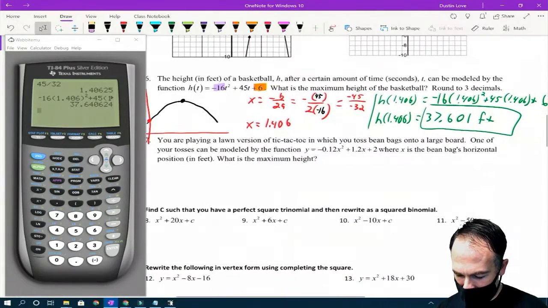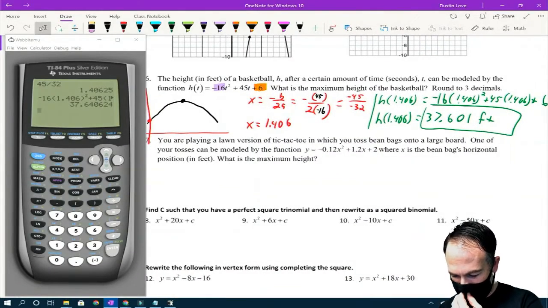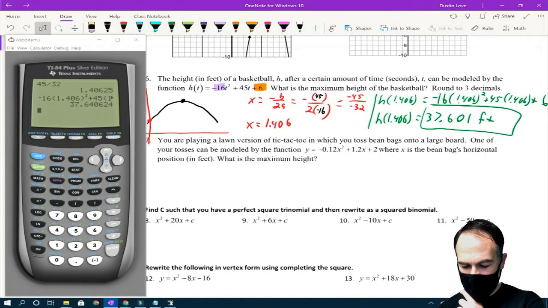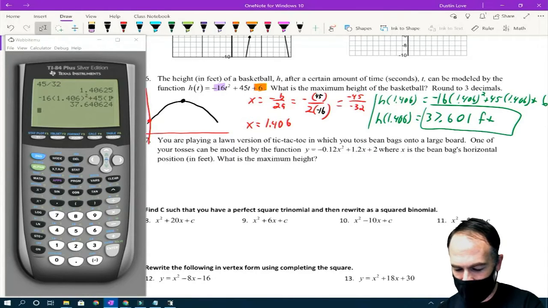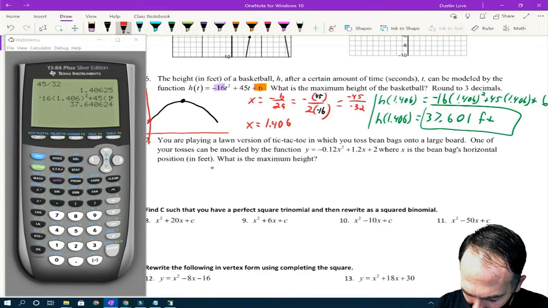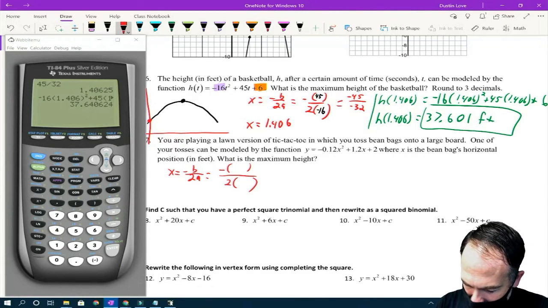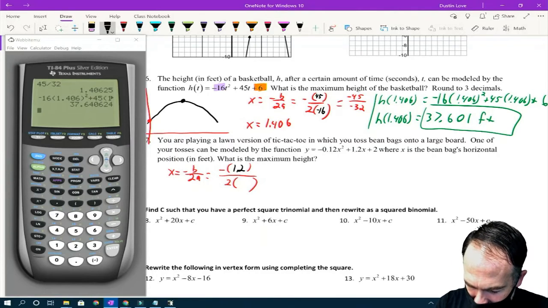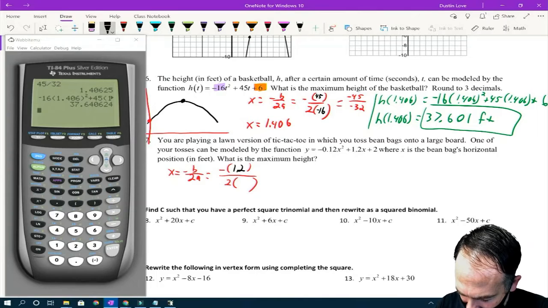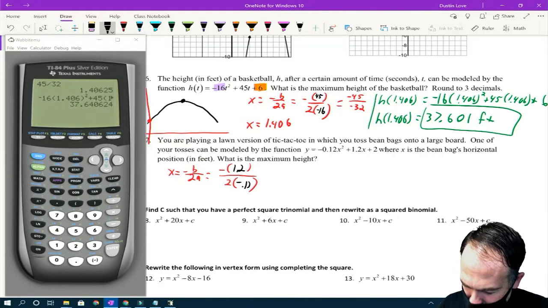Okay, playing a lawn version of tic-tac-toe in which you toss beanbags onto a large board. One of your tosses can be modeled by that function. What is the maximum height? Okay, exact same style of problem here. We're going to find the axis of symmetry. So our B is 1.2 and our A is negative 0.12.